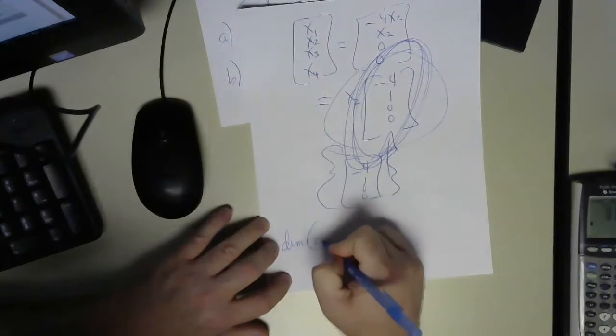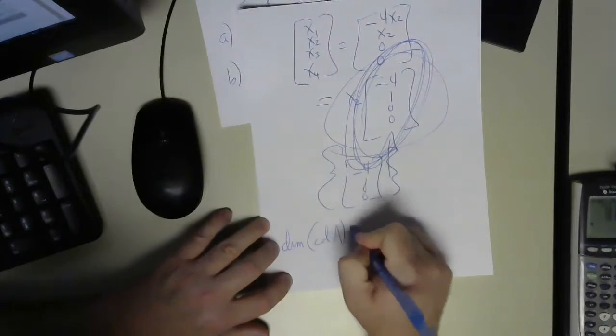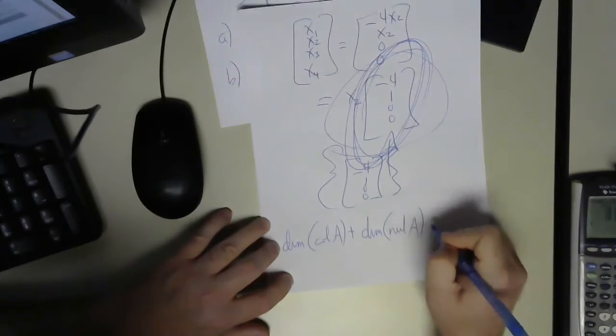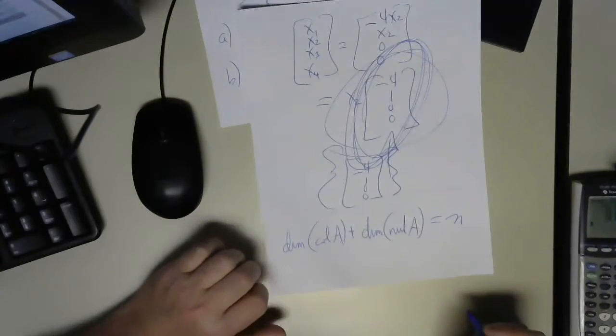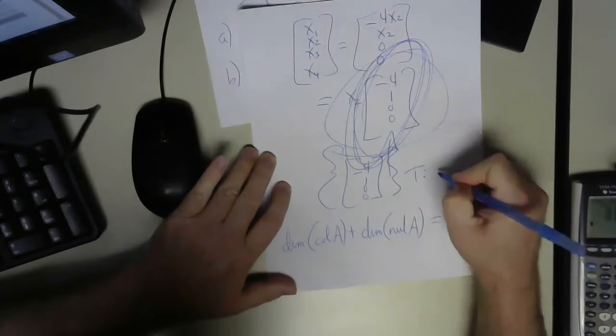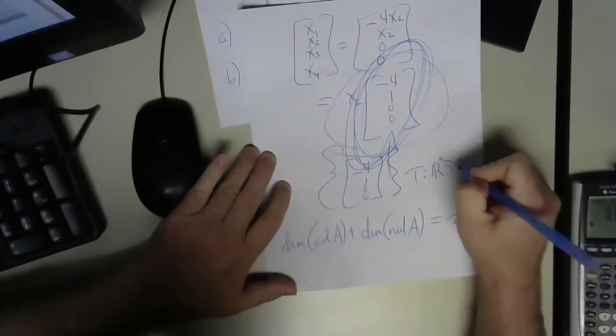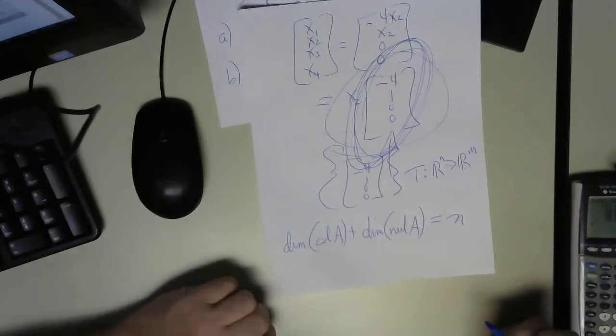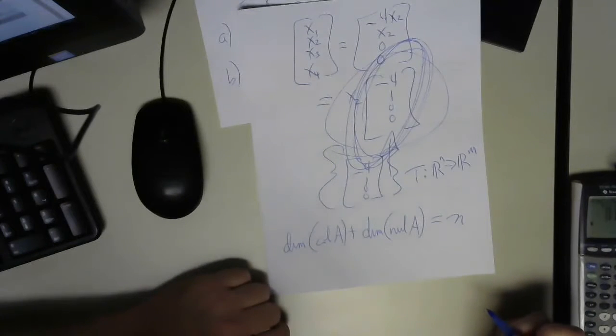The dimension of the column space of A plus the dimension of the null space of A should be equal to n. And I'm assuming here that your linear transformation takes Rn to Rm. Okay? So your matrix A should take n-dimensional vectors into m-dimensional vectors.